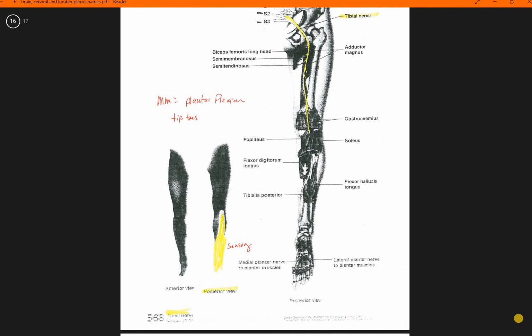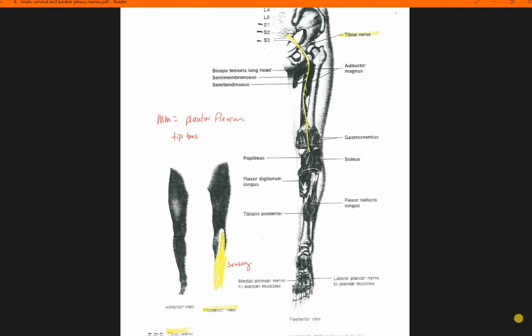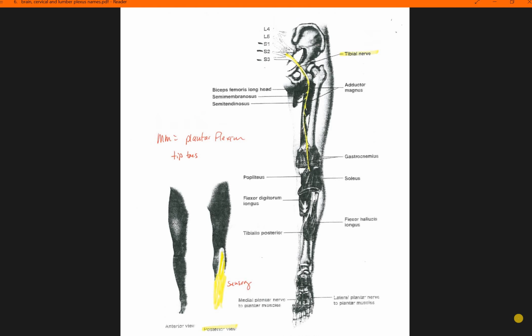Okay, the tibial nerve goes to the back side of the leg, so the posterior leg. And plantar flexion is pointing your foot, pointing your toes. Okay, so the muscle test is plantar flexion, or you can just have them go on their tippy toes. Lower nerve roots, S2, S3, tibial nerve.